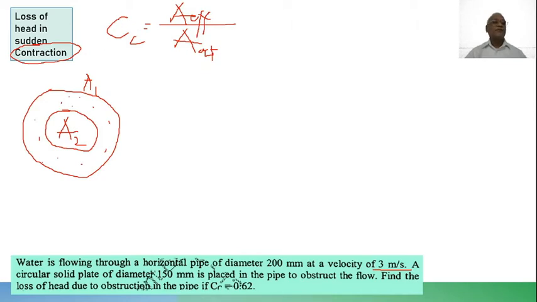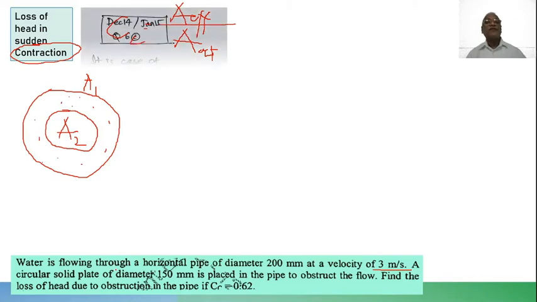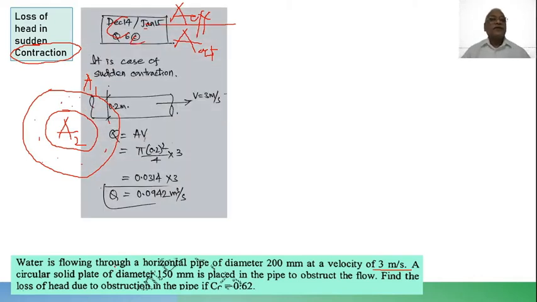So the actual area of the flow would be A1 minus A2, and multiplied by 0.62 gives you the effective area through which the flow occurs, right? Now we'll see how I have solved it. Okay, I'll take out all these things.